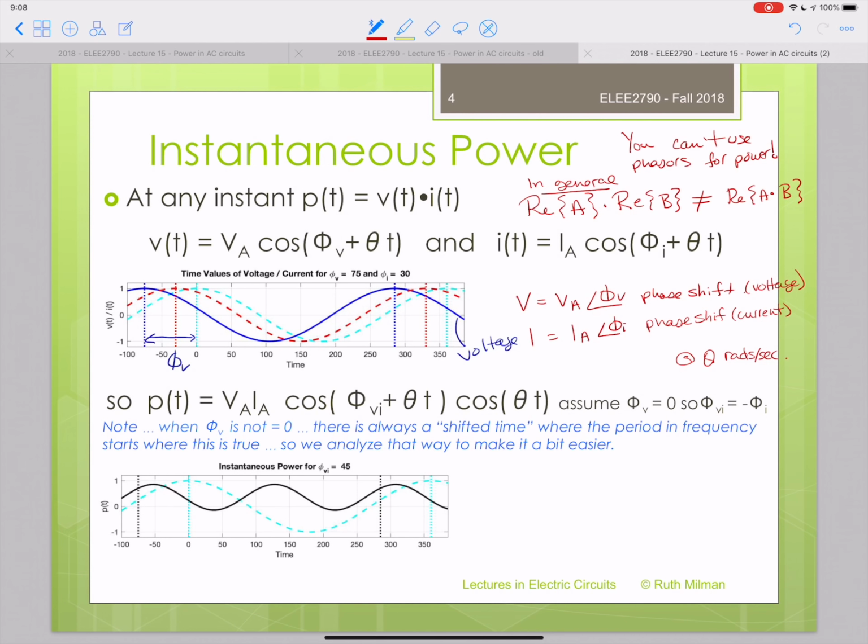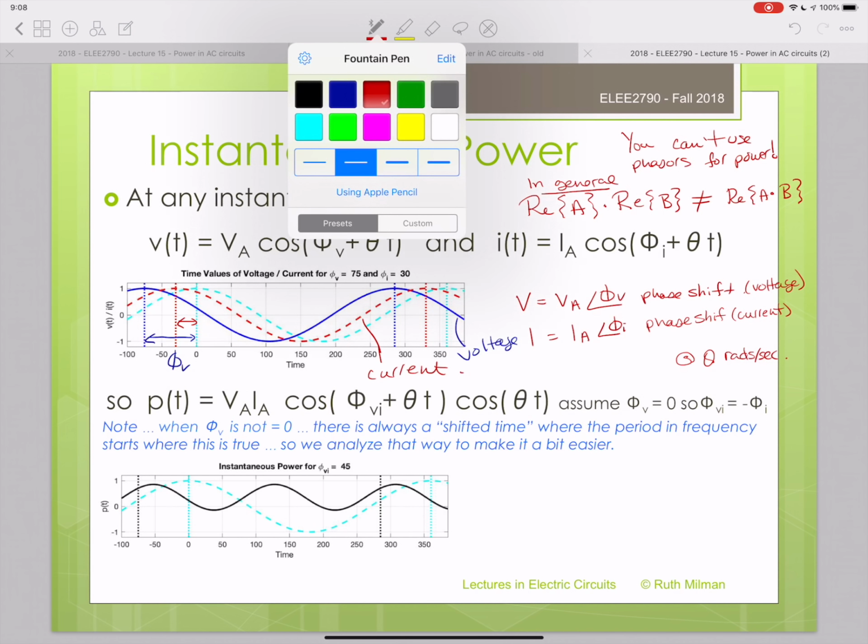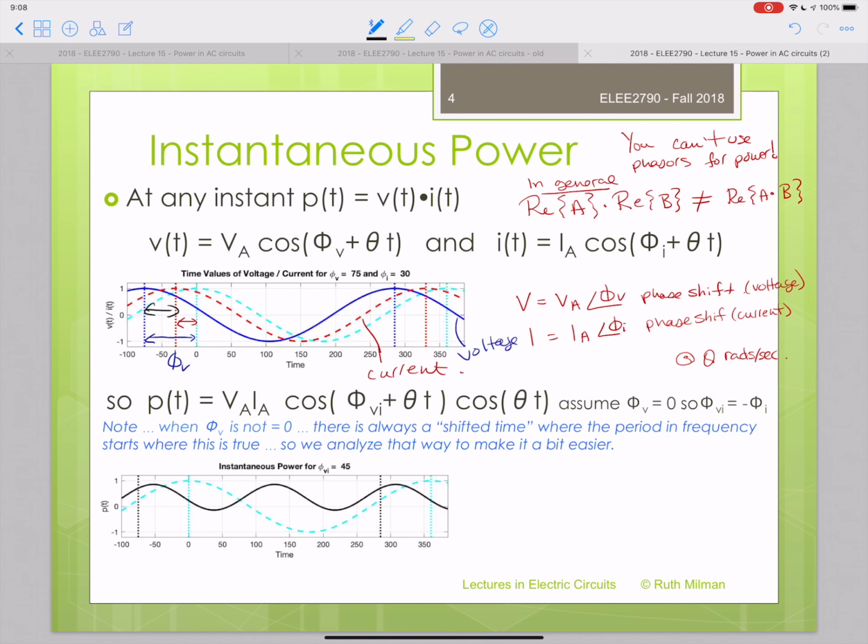The red line indicates your current, and you'll notice that that has a phase shift that is not quite as big. You can actually consider the difference between those two phase shifts, and that difference is a very important number. That difference will dictate what the power looks like.